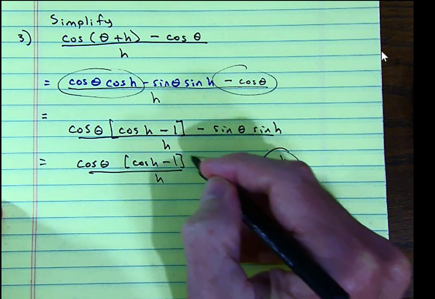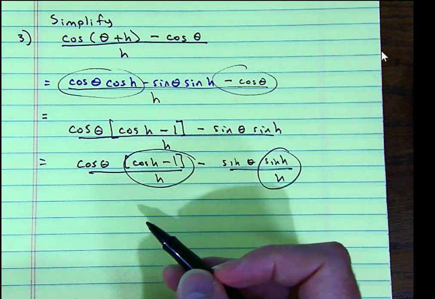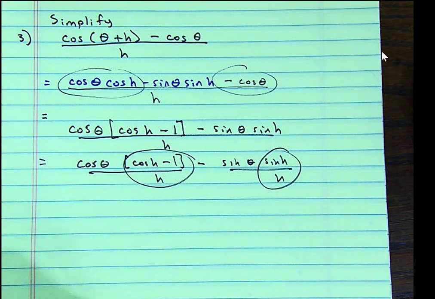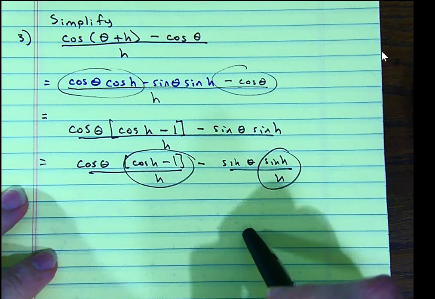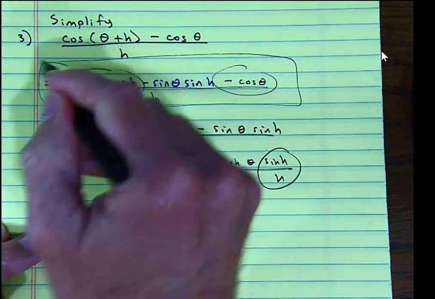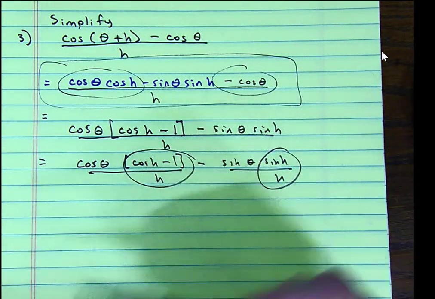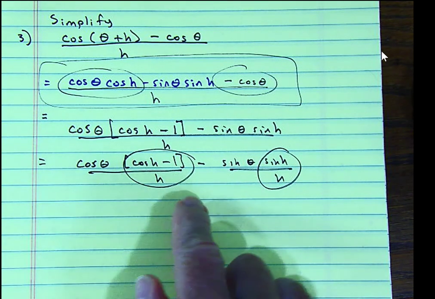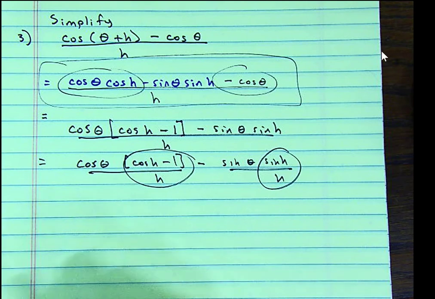And so it'll be a very interesting conversation in calculus to study what happens when h gets really small. But as far as trig goes, this was really the main thing that we could do with that as far as simplifying it. Or it's not so much simplifying it, but reorganizing it. And so this difference quotient, if it's reorganized like in this form, it can be studied in calculus and give some interesting and unique outcomes.